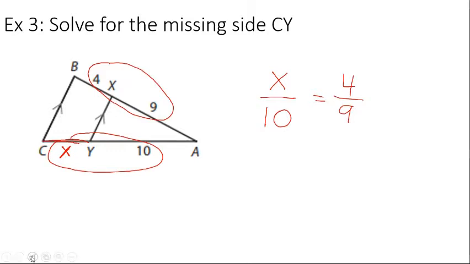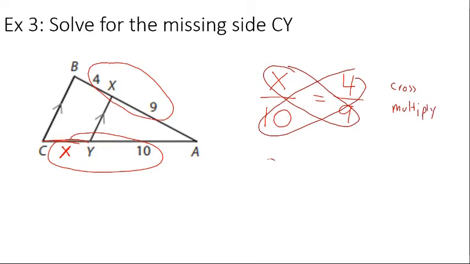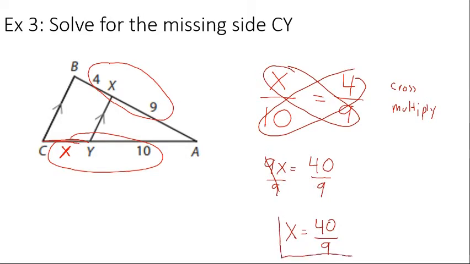And what I do next is I cross multiply, so I multiply these two together, and then these two. So X times 9 gives me 9X. 10 times 4 gives me 40. So then I divide by 9, and I get an answer of X equals 40 divided by 9. You can just leave that as a fraction, and that's my missing length CY.